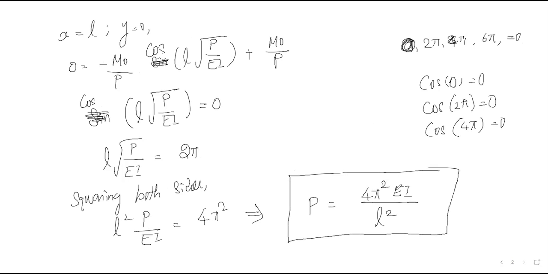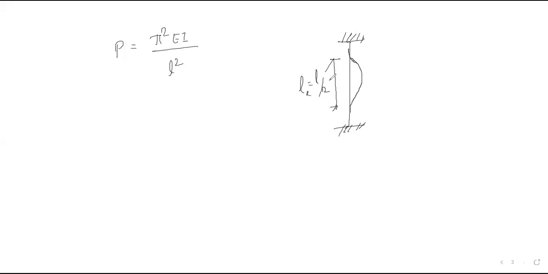So this is the equation for Euler's crippling load. One thing we have to remember: our general Euler equation is P is equal to pi squared EI by L squared. If both the ends are fixed, then this will be our deflection profile, so the effective length becomes L by 2.